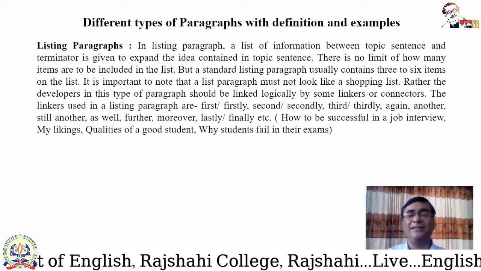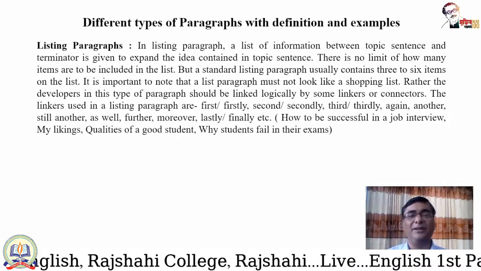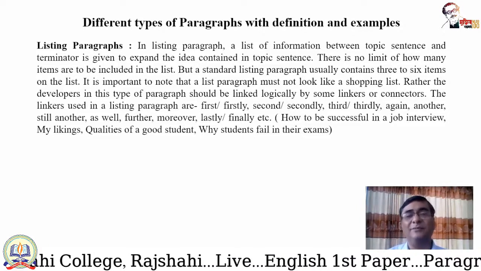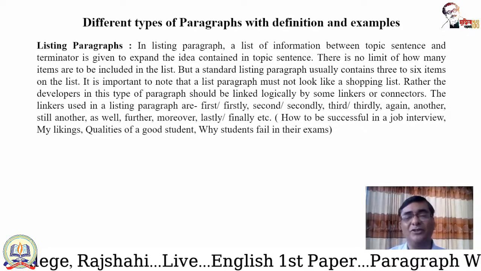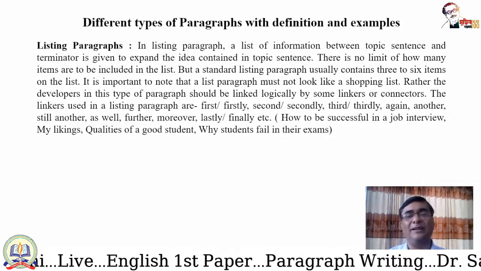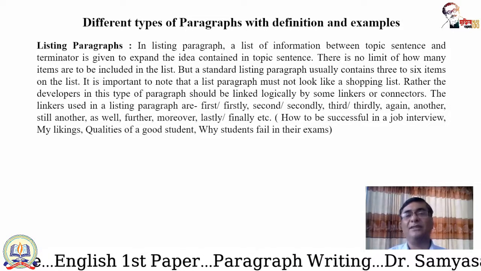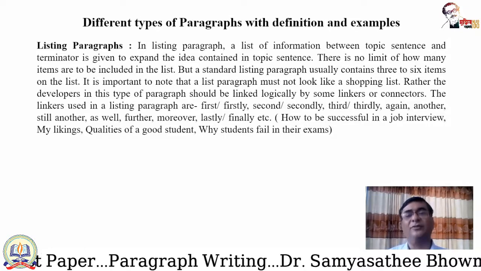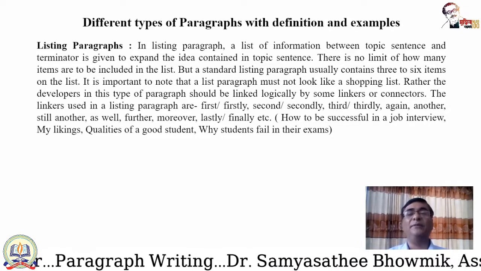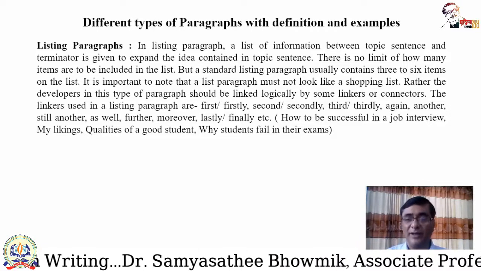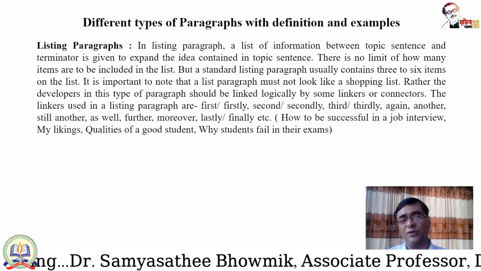So a list doesn't mean that you will prepare a shopping list. I have said in the next sentence, it is important to note that a list paragraph must not look like a shopping list. Rather, the developers in this type of paragraph should be linked logically by some linkers or connectors. So listing paragraph is basically a kind of paragraph in which you will prepare a kind of list. And when I give you the example, you will understand it more clearly.